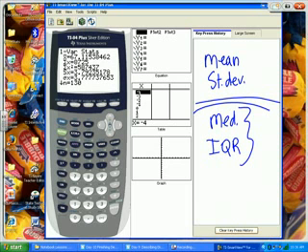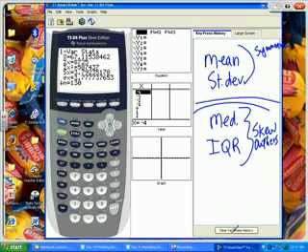We would use these if we have it really skewed or we have outliers. We would use this one if it's pretty symmetric and looks pretty normal. So we need to know what it looks like. In fact, that's one of the conditions that you should check. You should put it in and look at it, so you know which way to go.